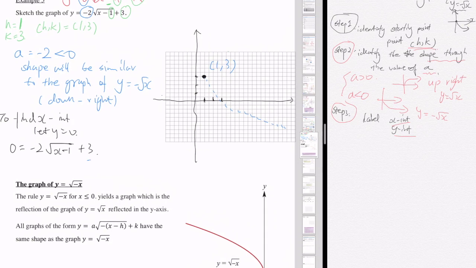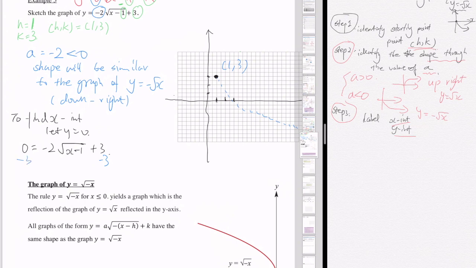We're going to do the same thing, minus 3 on both sides, so that gives me negative 3 equal to negative 2 square root of x minus 1. Then I need to divide by negative 2 on both sides, so on the left hand side I have 3 over 2 equal to square root of x minus 1.